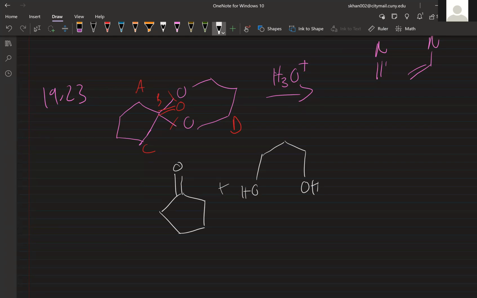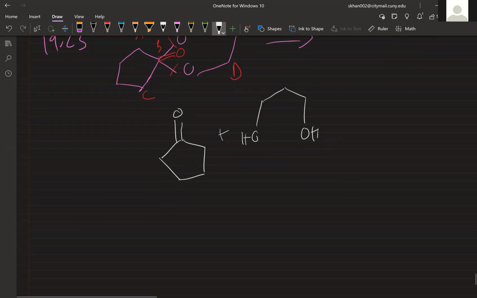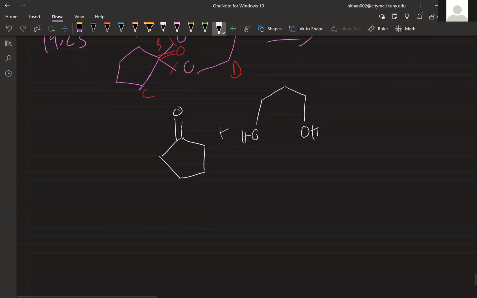Since we're still going to be doing 19 next week, I'll do the reverse hydrolysis mechanism as well, because I just want to do quick practice problems. So let's do a couple more ones.